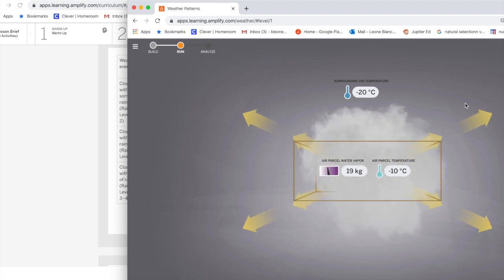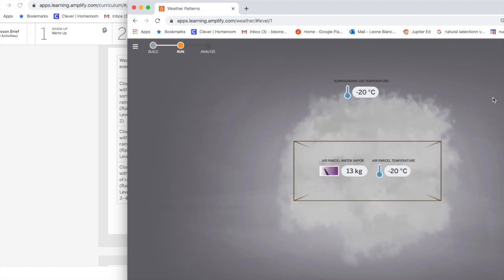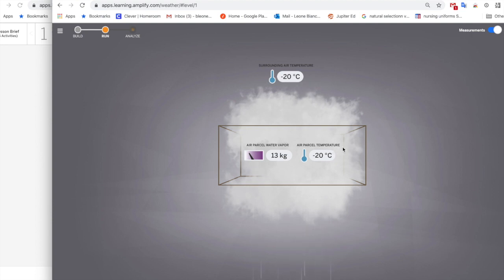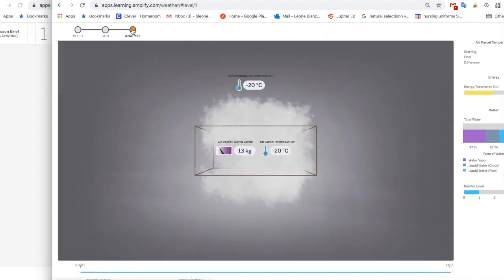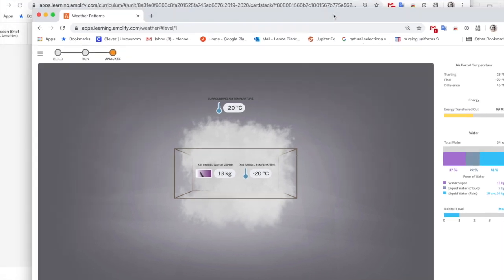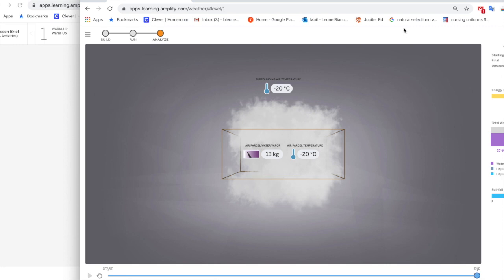As you can see, the energy is going out. And we do have some rain. Note that the energy is going out because it is going from the hotter to the colder, which we learned in thermal energy. So let's take a look at what happened here and how we can fill it in on our chart.